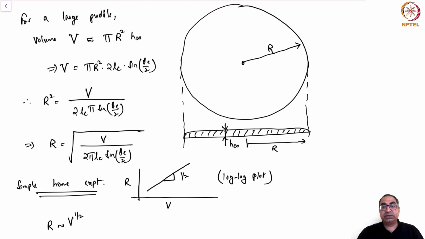There are a few more things that I want to cover. We want to look at what happens if the surface is not perfectly smooth. The surface in most cases is undulating. So there are some well-known simple models to determine the effective contact angle for such a surface.